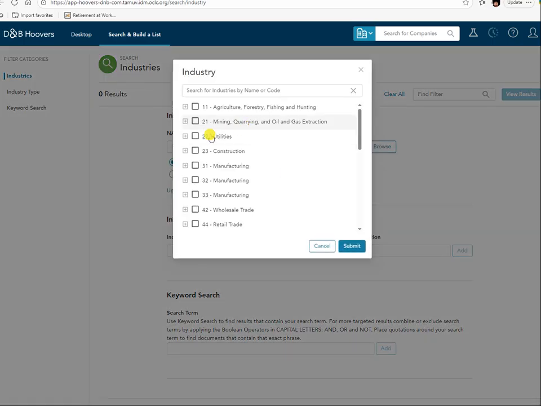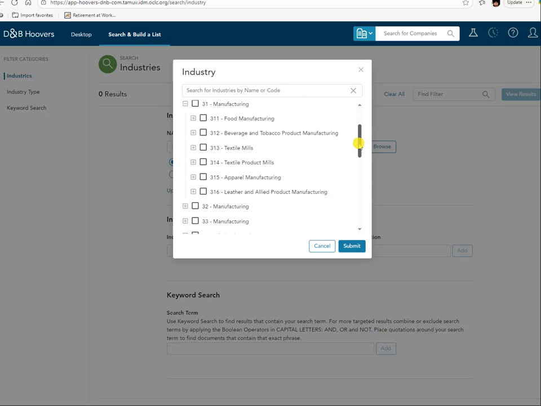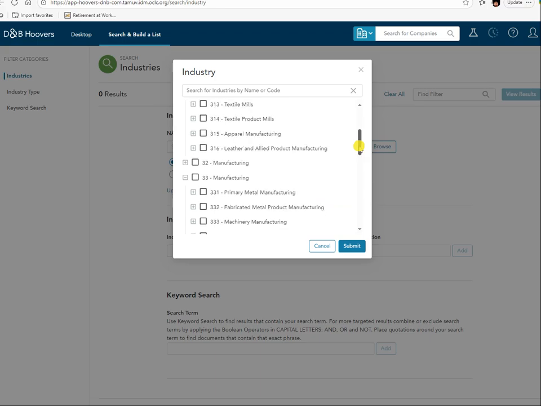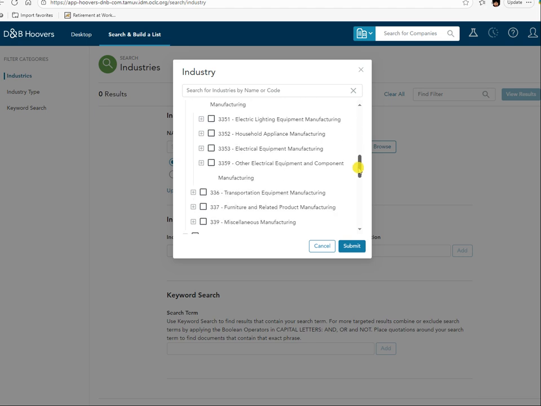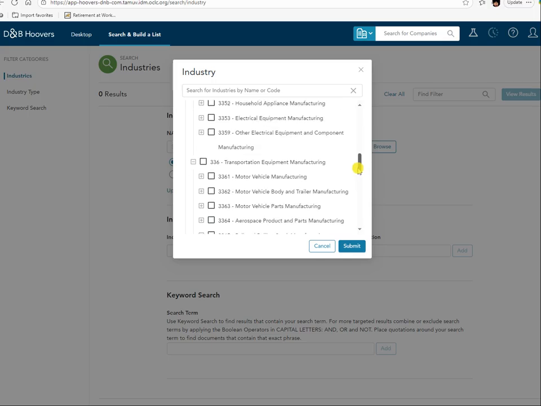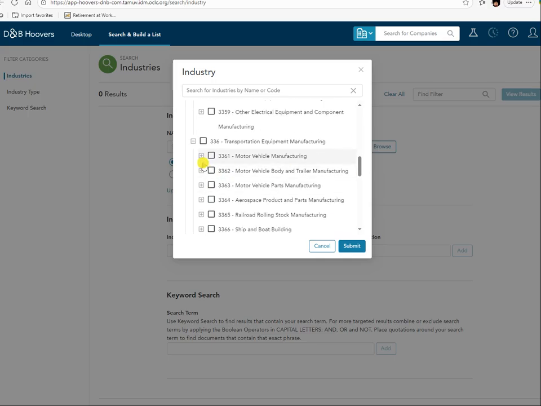For example, I want to take a look at the manufacturing industry. I want to check automobile and light-duty motor vehicle manufacturing.